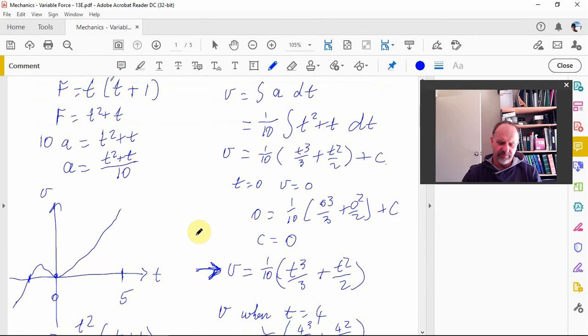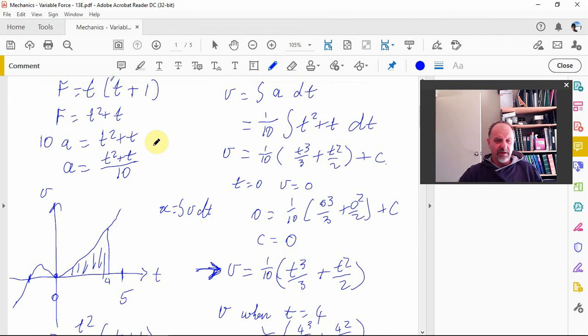So the distance travelled in 4 seconds. And so here's 4 seconds. The distance travelled would be the area under the graph, because to get our position we've got to integrate the velocity.